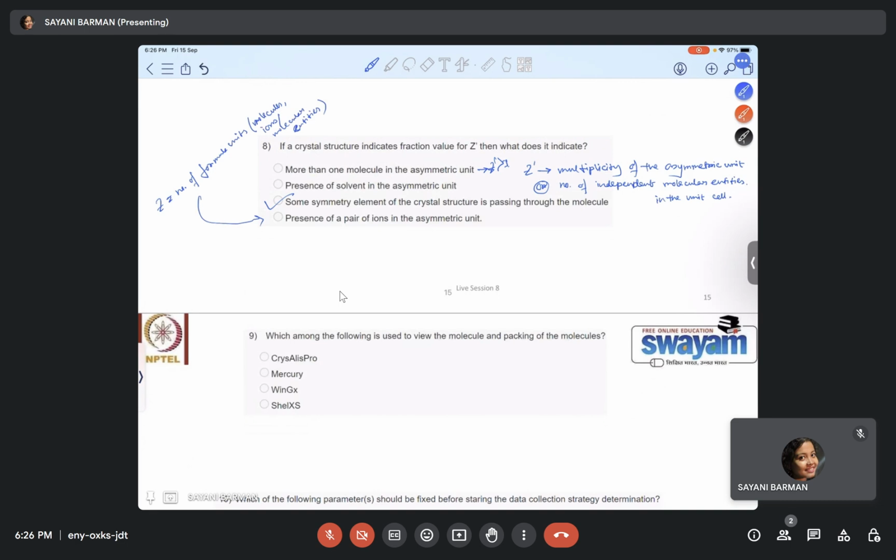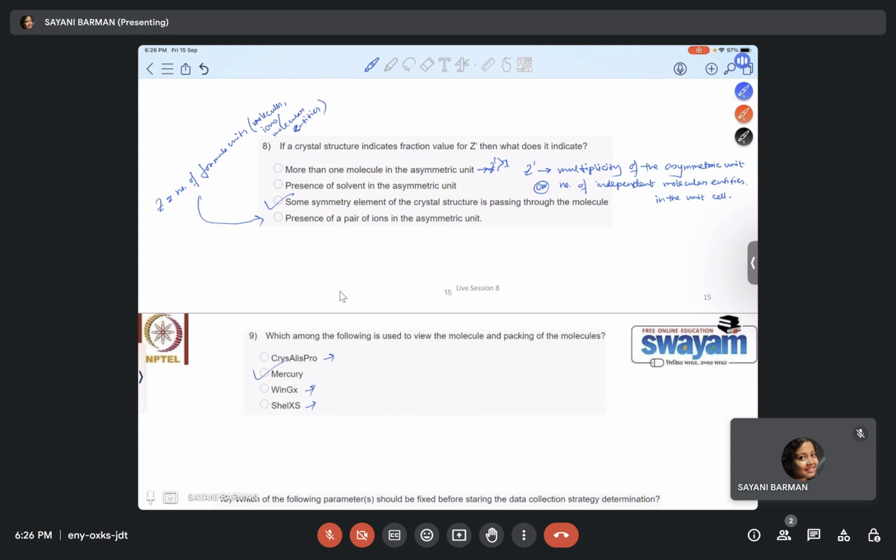Now the next one is which of the following is used to view the molecule and packing of the molecules. Yeah, it's Mercury. Because CrysAlisPro is what we use to solve it, and SHELX is one of the techniques we use, and Olex2 is the same.